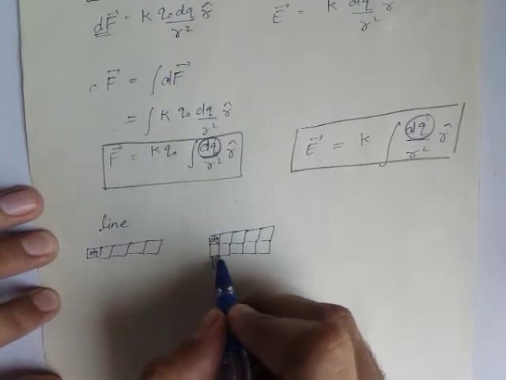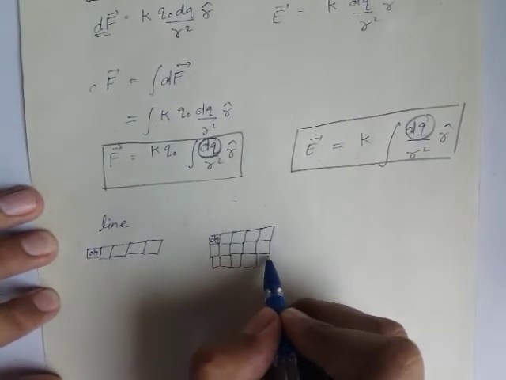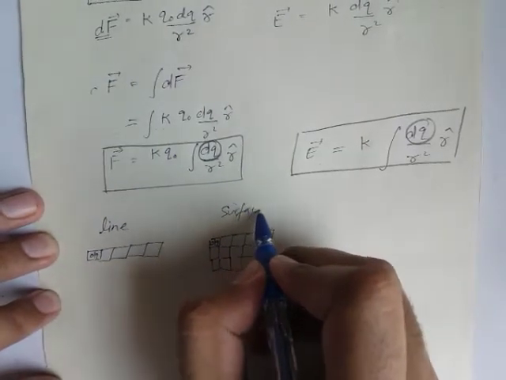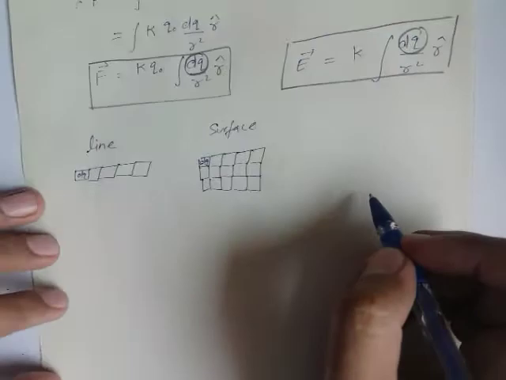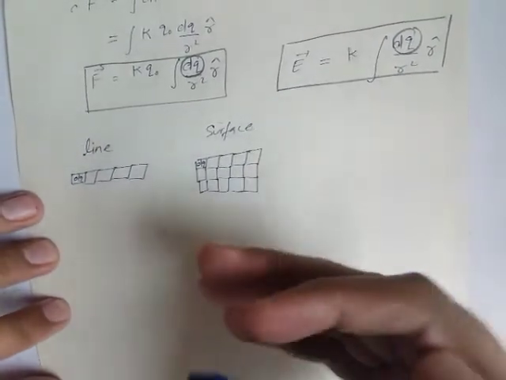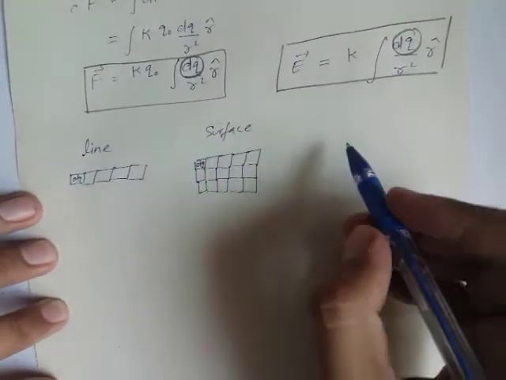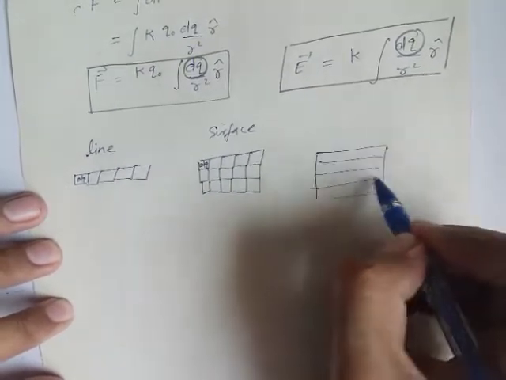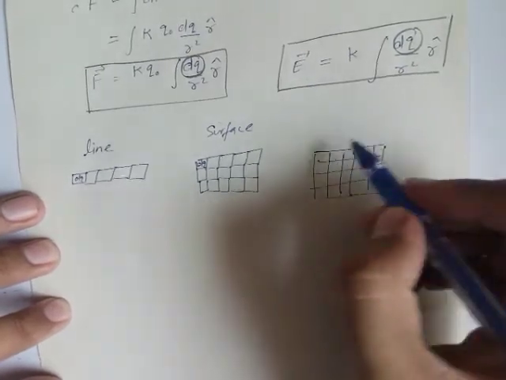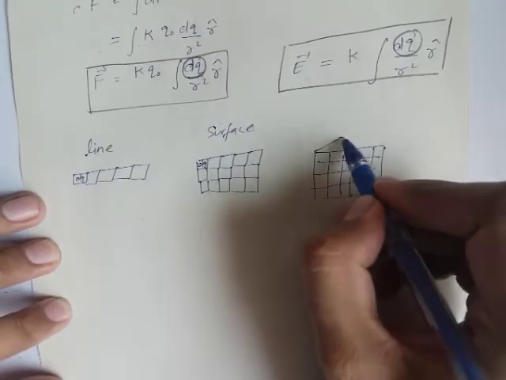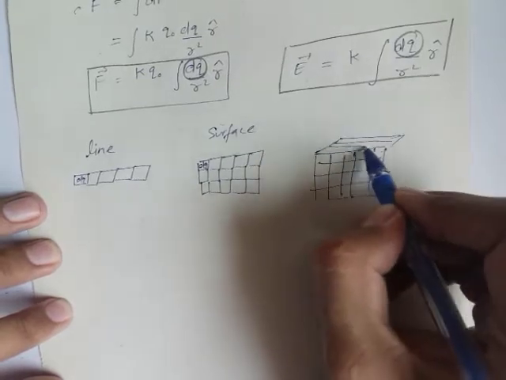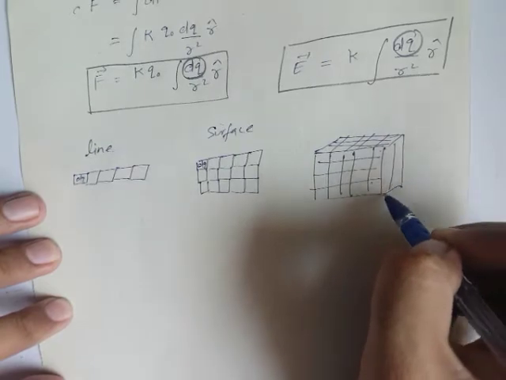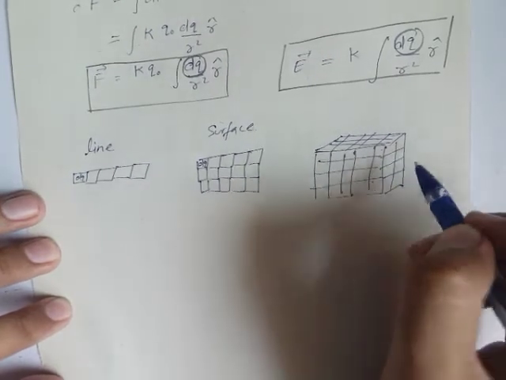That is known as surface charge density. And in the same way, if it is spread in depth also, inside the body, then it will be going in this direction also. That is volume.